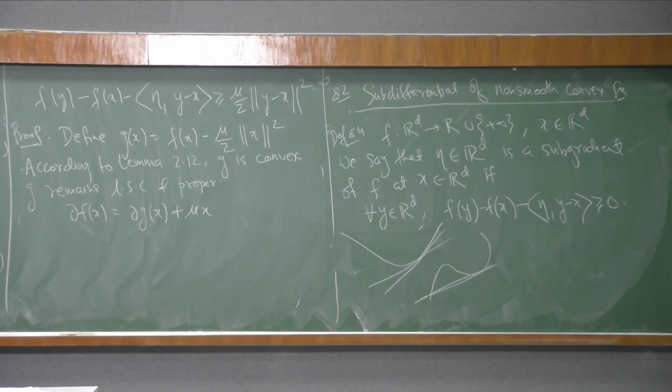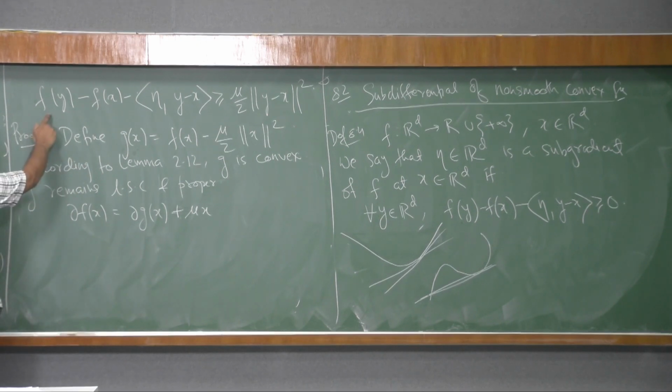Remember what we are supposed to prove is this inequality. Now we will try to prove it. Basically f is defined in terms of g, and that's what we are trying to leverage here. In place of f we will put g.